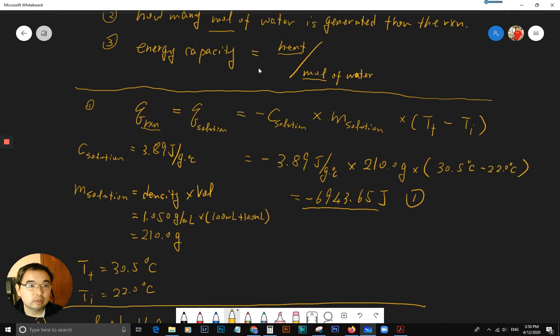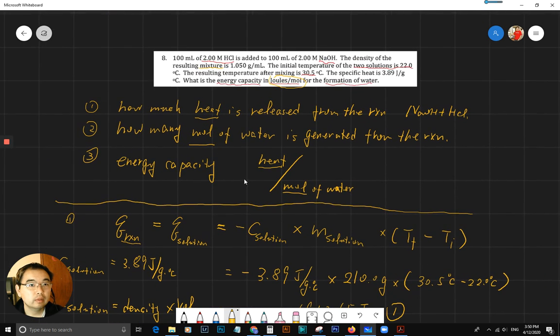Then let's see what the sig fig is. We have 2 sig figs and 4 and 3 sig figs, and here this is 100. So we only have 1 sig fig in the end. 100 is just 1 sig fig; the trailing zero doesn't count.